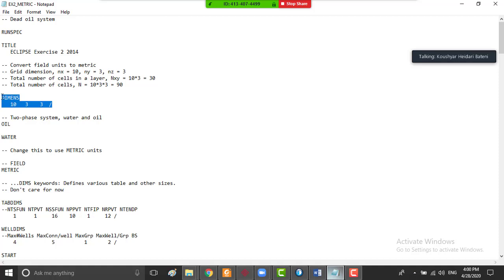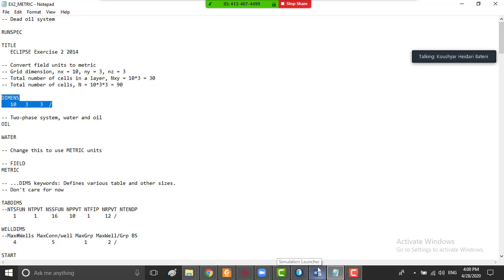That was what we specified here. If here we had written 100, 30, 30, then the simulated reservoir and what we saw in FloViz would have 100 matrix blocks in the x direction, 30 matrix blocks in the y direction, and 30 matrix blocks in the z direction, right? So this is a very basic and very important keyword, dimens, right?